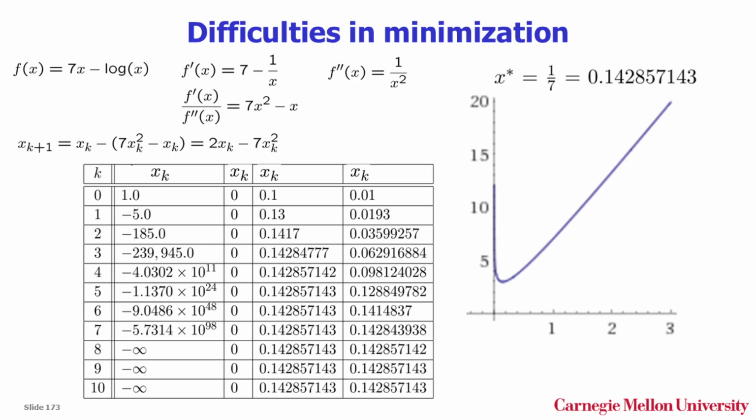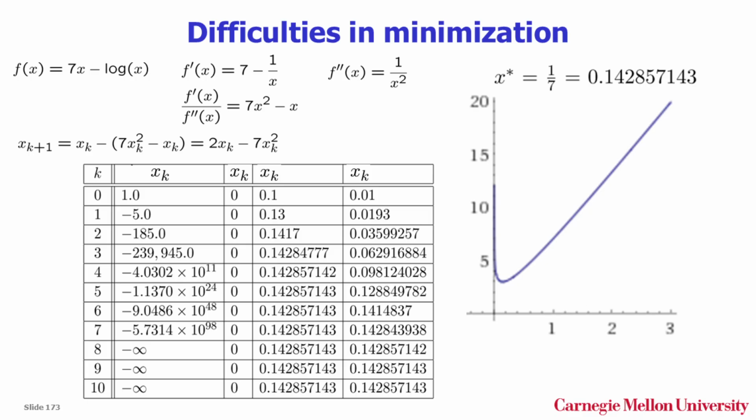This table shows the behavior of Newton's method for different starting points. If we start from x0 equals 1, then x1 equals minus 5, x2 equals minus 185, and the method very quickly diverges. If x0 equals 0, then x1 equals 0, x2 equals 0, and the method doesn't move at all.